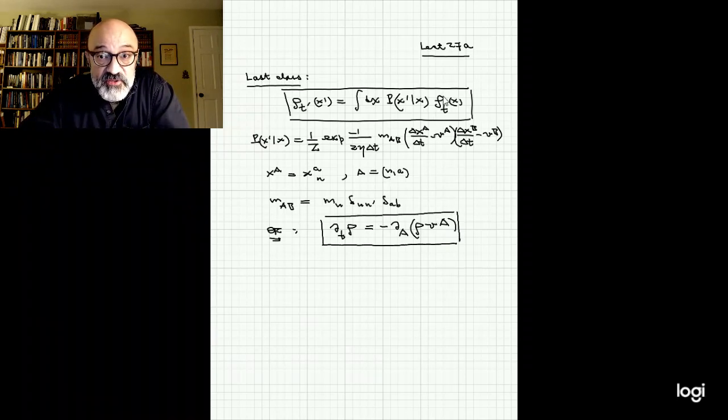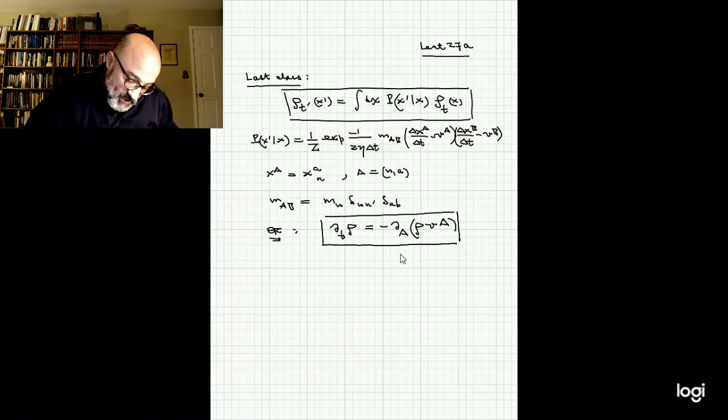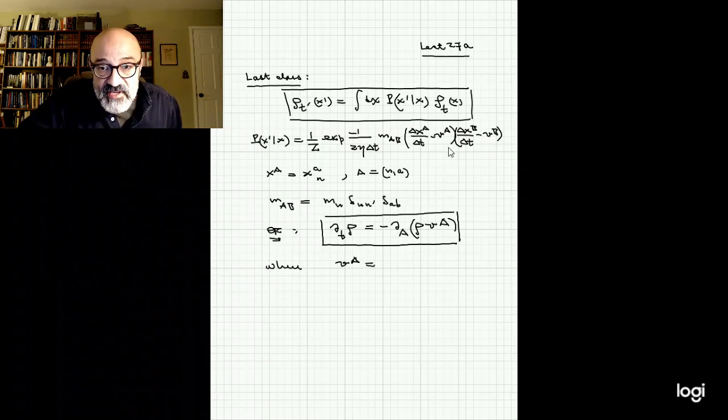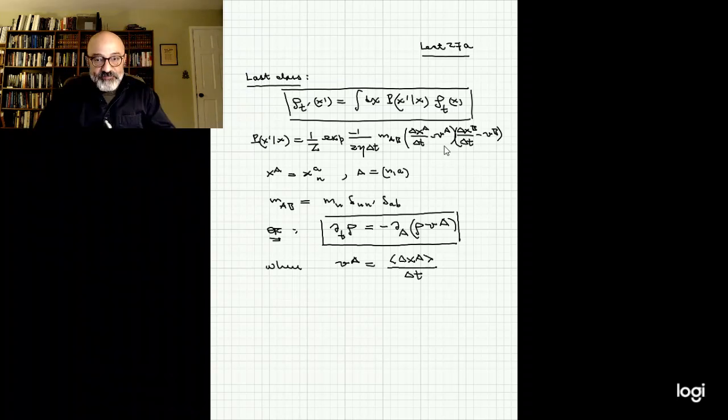It's something that allows you to iterate probabilistic changes. And we have a pretty decent idea of what the equation of evolution is going to be. There you have it. It's this continuity equation where this velocity, which appears up here in the transition probability, is the expected step divided by delta t.